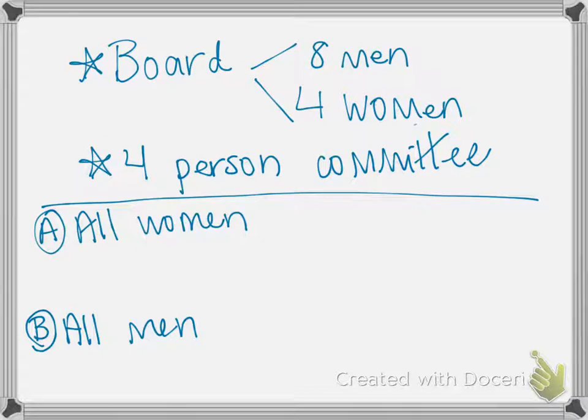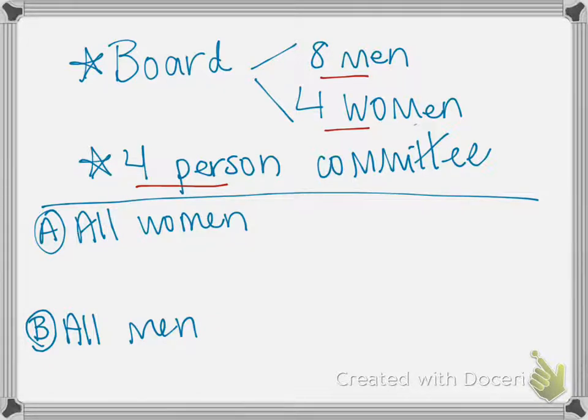So we have a board of a company, and this board is comprised of 12 individuals, 8 are men, and 4 are women, okay? And our company is searching for a new president, and so we're going to randomly select a committee of 4 people out of the existing board members to find us a new president.